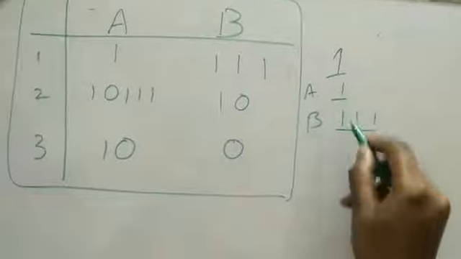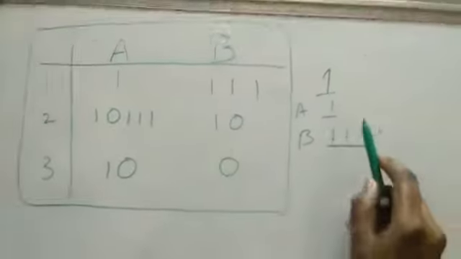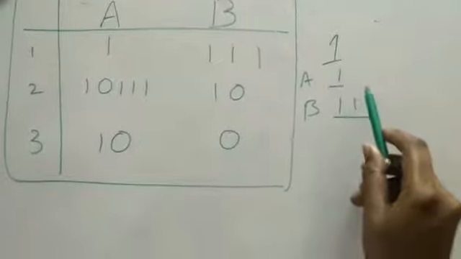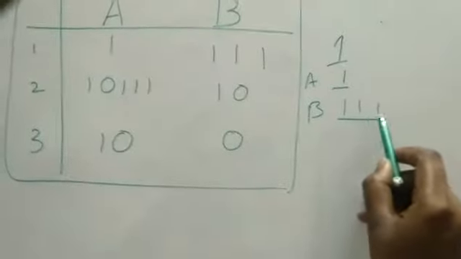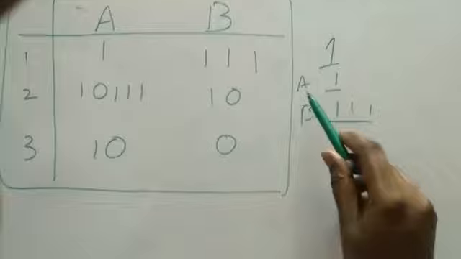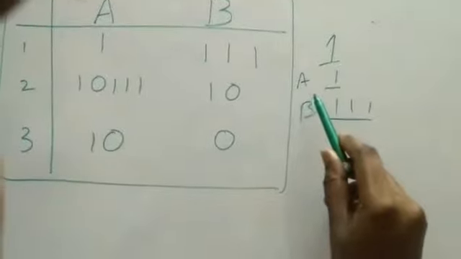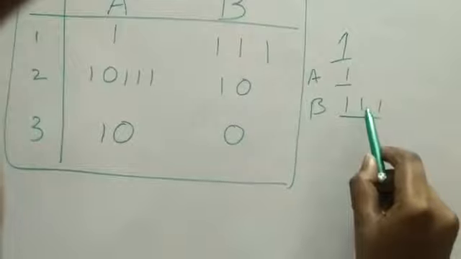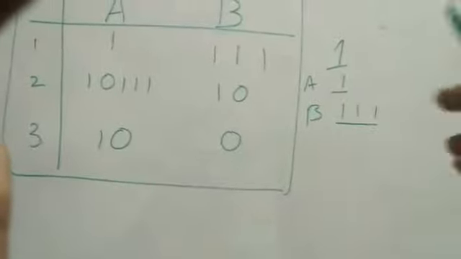Now I have to find any element which matches with B; the remaining two ones should be matched. So I have to find any string from A which starts with two ones. I have to find that one. Then only I can match this with this.